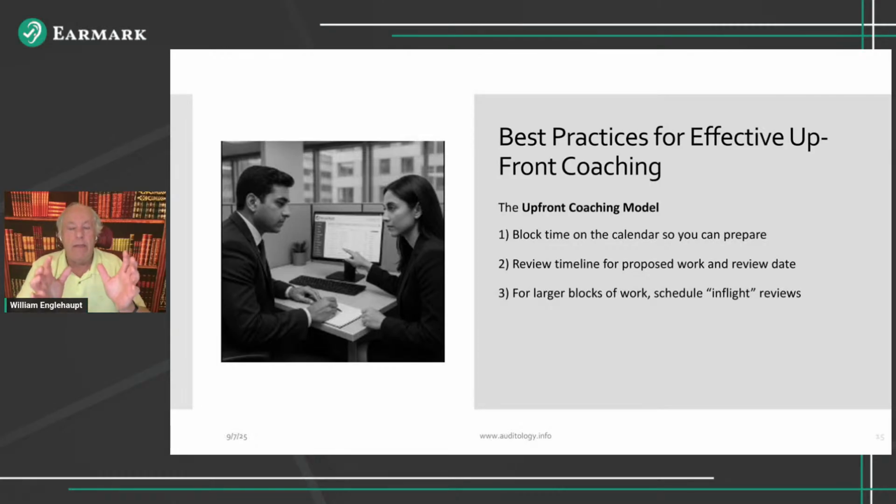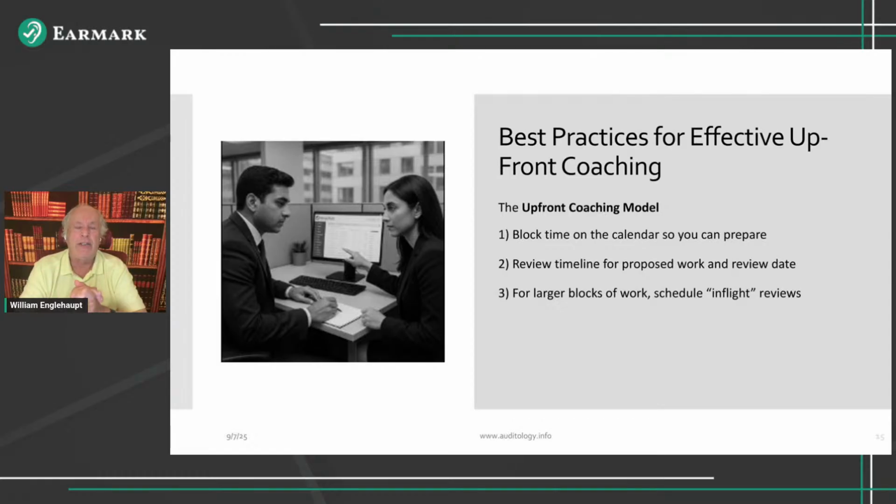The key thing here is it gives people a chance to check it before they get way too far down the line. And there's nothing more demoralizing than having somebody turn in a huge stack of work and there was a problem in the first test that they could have fixed that would have cleaned up the remaining. So keep that in-flight review.